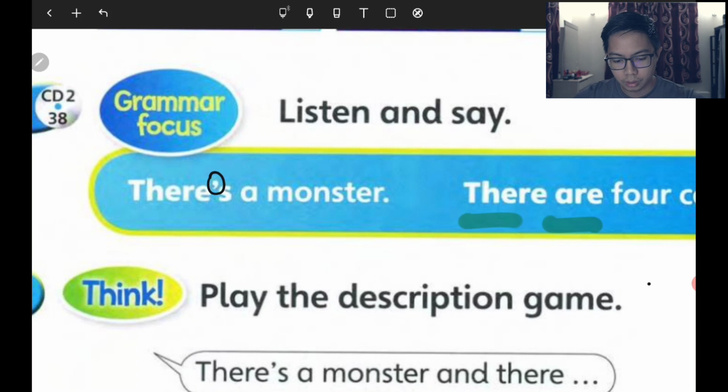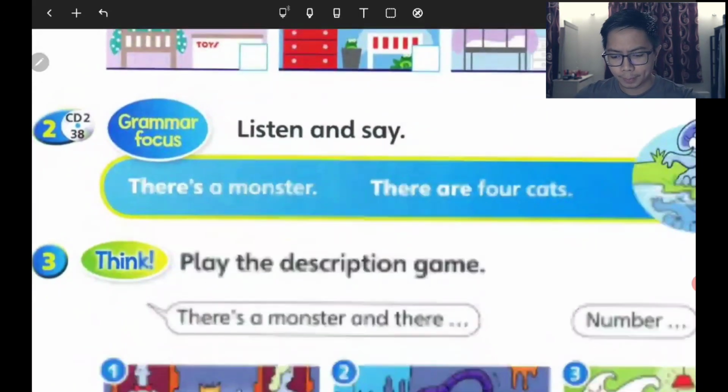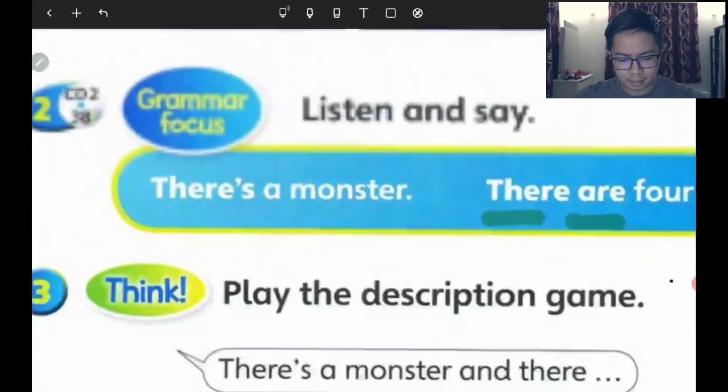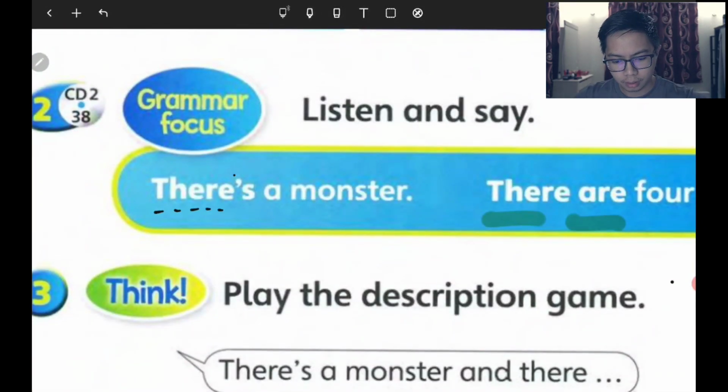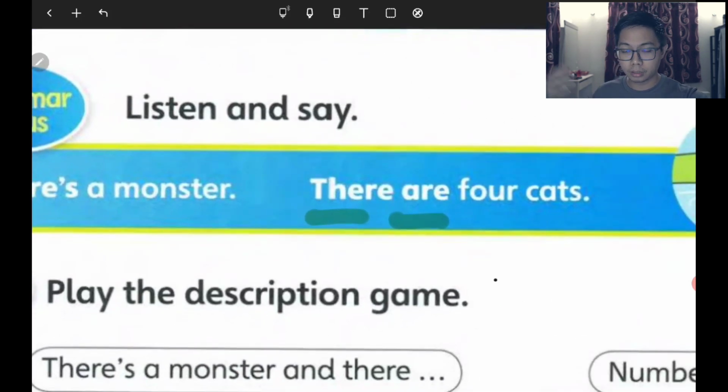We use the apostrophe, so that's why it is shortened, lebih pendek. It's more compact. Okay, so remember, there's, THERE apostrophe S, because it is there is, but we use the shortcut. Okay, if there are a lot, there are. Remember that.